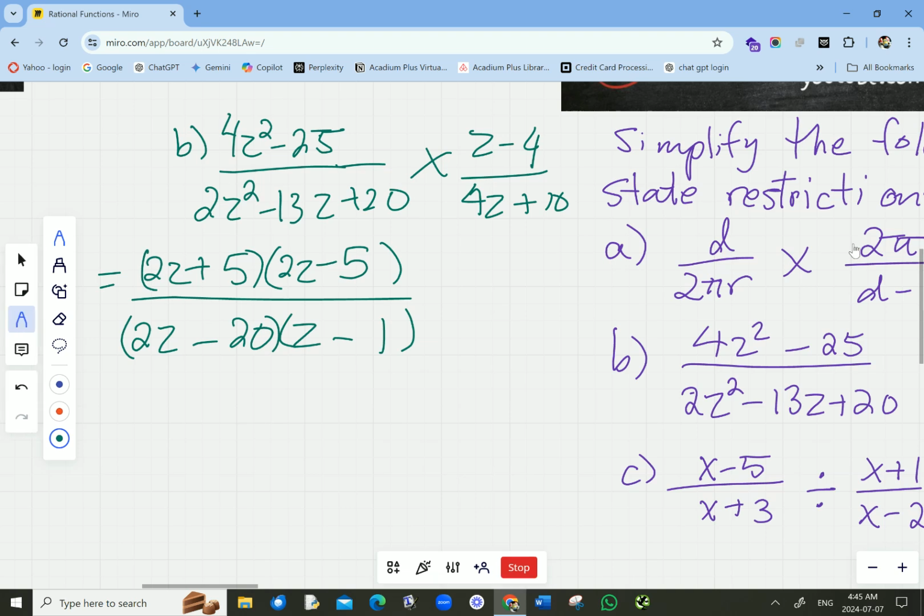So I'm going to take the liberty of changing our question there. I'm going to change it so it factors nicely: 2z squared minus 14z plus 20. Let's try that.